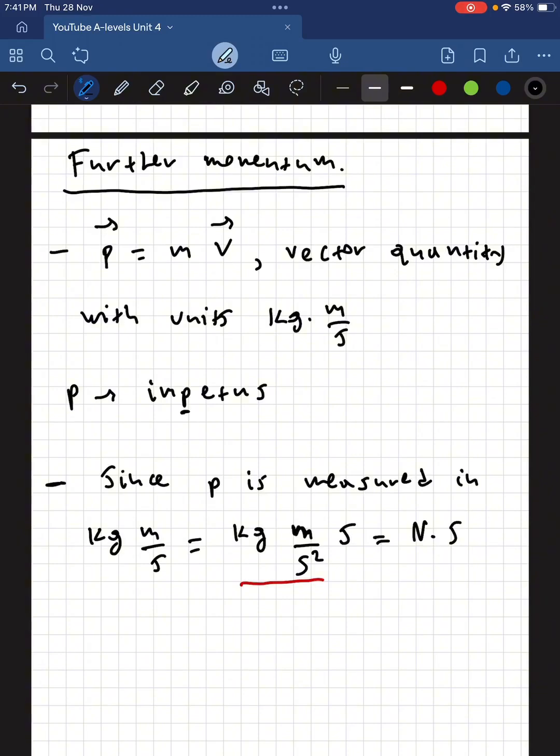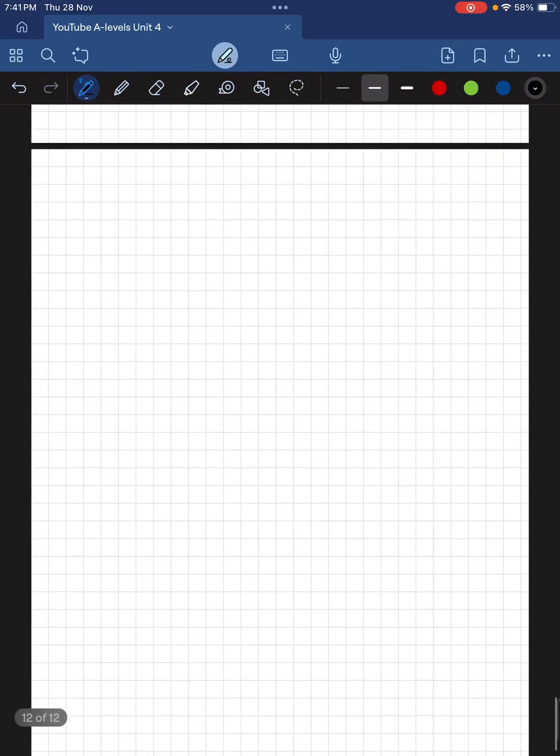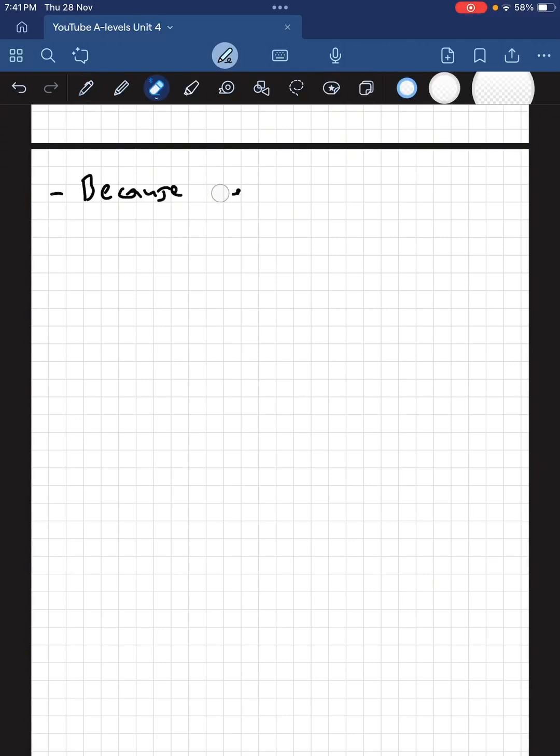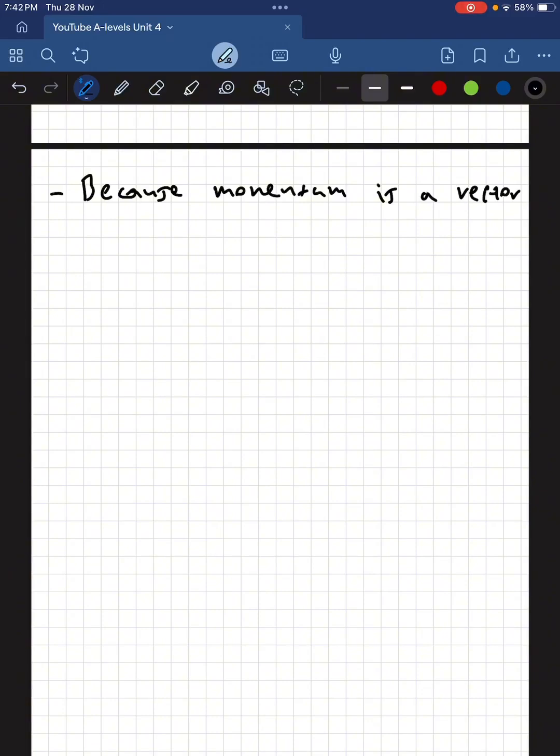And since momentum is a vector quantity, I warn you about my handwriting, it can be resolved into an x and a y component.